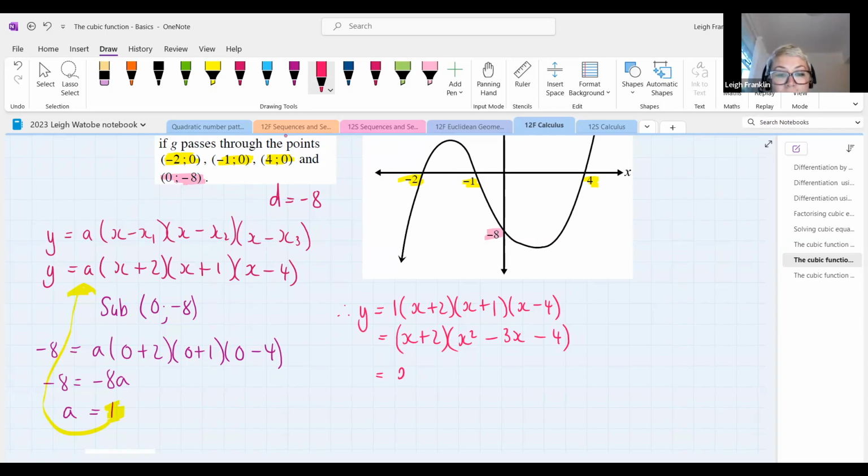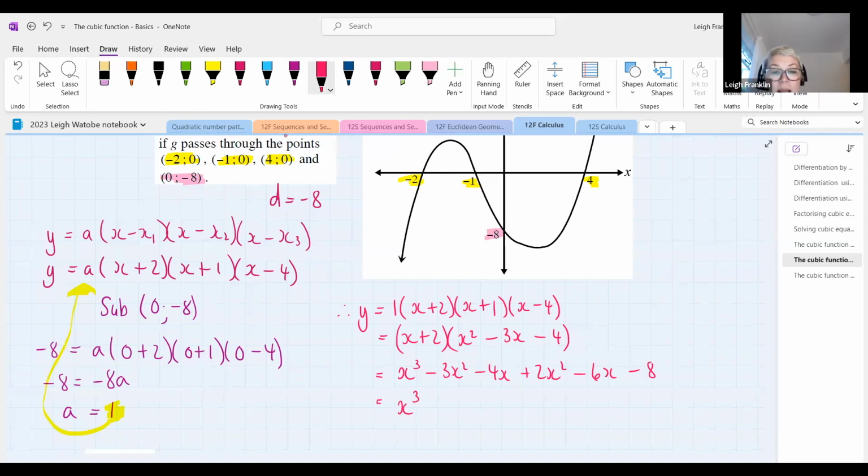So this would give us x cubed minus 3x squared minus 4x plus 2x squared minus 6x minus 8. There you can see our minus 8 is starting to emerge.